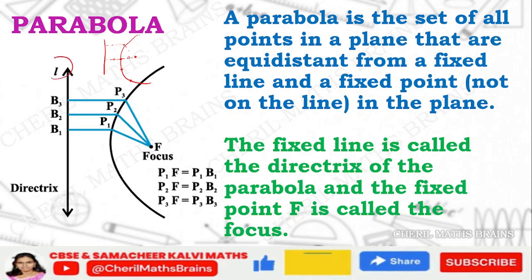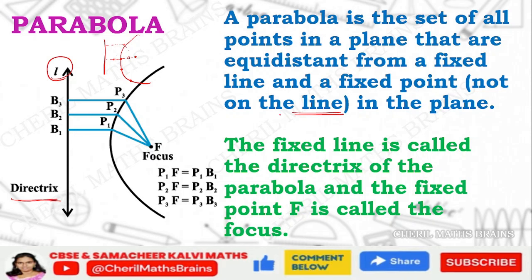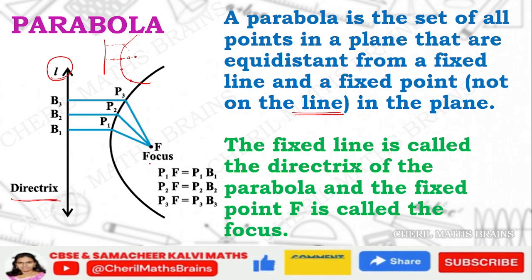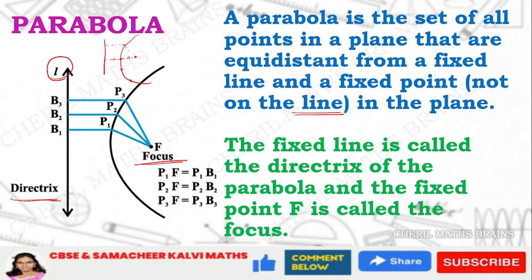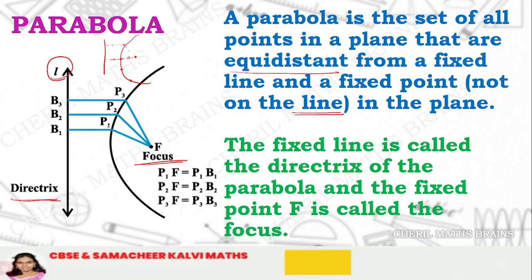So this is the fixed line L, and the fixed line is called the directrix. The fixed point is in the plane, it is not on the line. Remember children, it is not on the line, and this fixed point is called the focus. So what is equidistant?